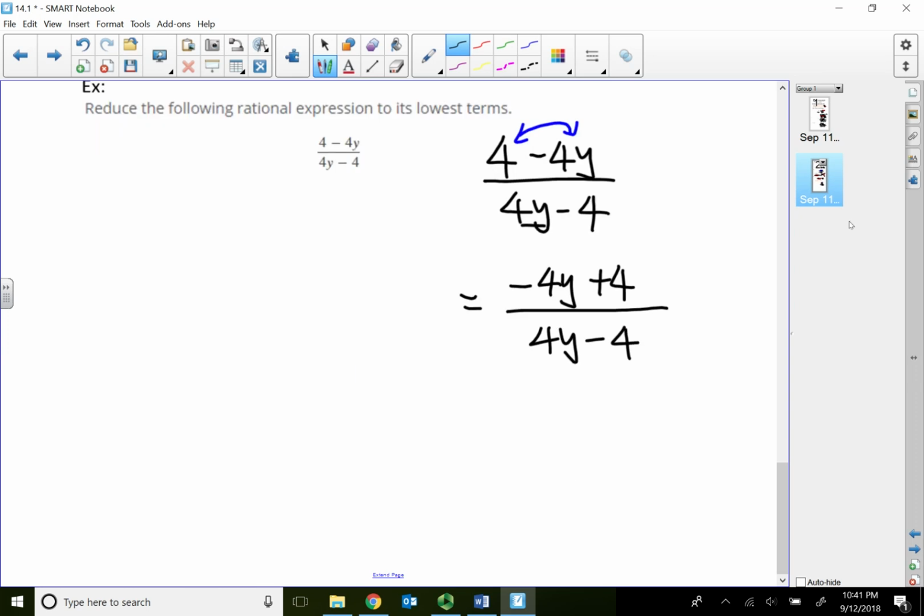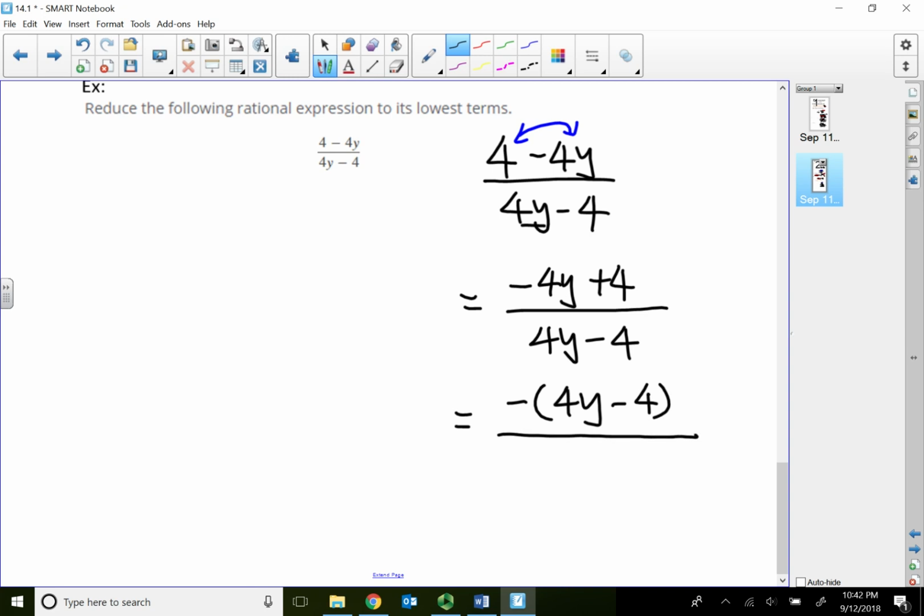All right, so to make the top exactly like the bottom, I can actually factor out a negative 1 on the numerator. Negative 1 going to negative 4y gives positive 4y, times negative 1 going to positive 4 is negative 4.